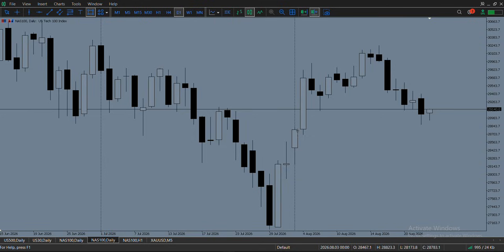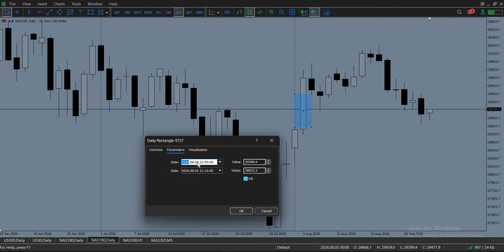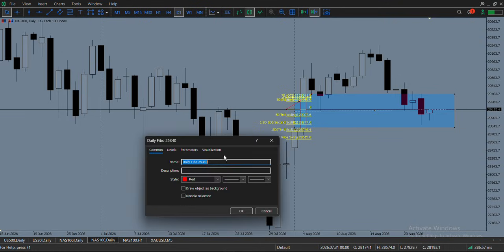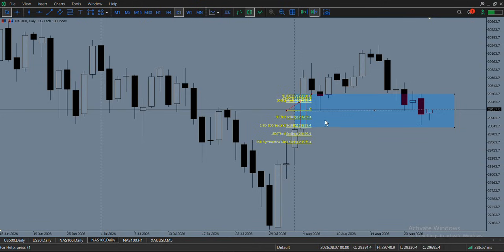I wanted to save this template, so this is the inefficiency here. Extend it out to, let's say, 27, and then the midpoint of that inefficiency. Now let's do this here. The midpoint is right there.